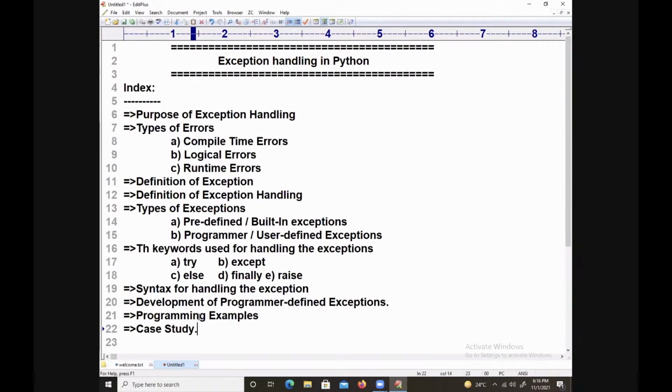We will discuss it. This case study is an ATM application. This is the detailed index of exception handling.